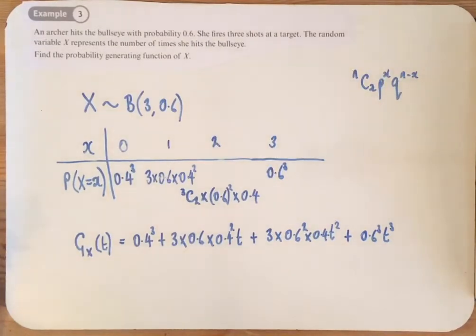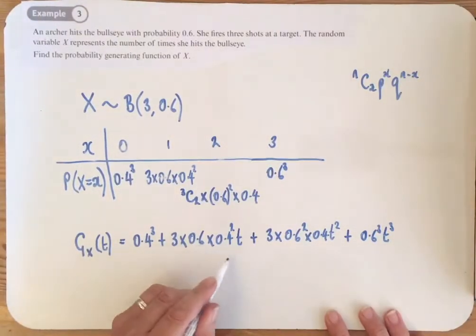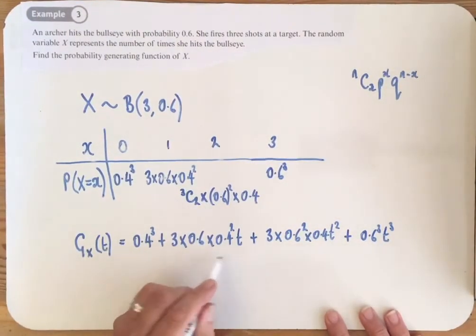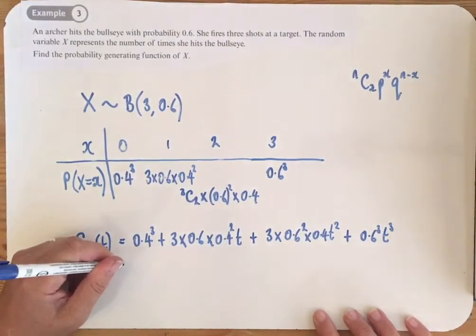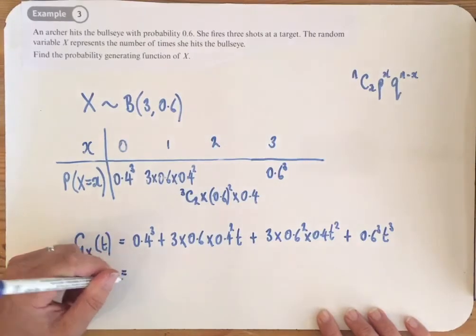So if you lump the 0.6 and the t together, then you should be okay with this.